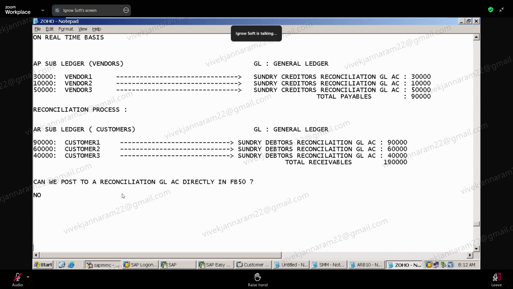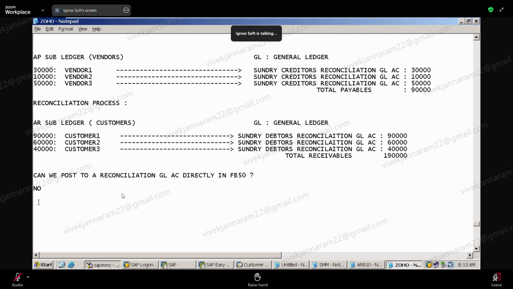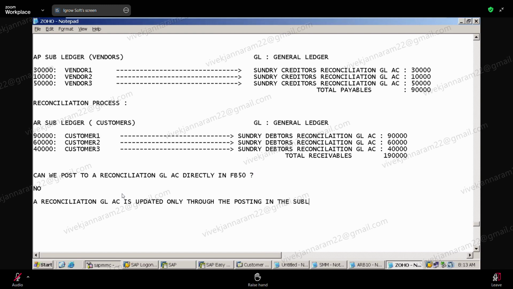So write down here: a reconciliation GL account is updated only through the postings in the subledger to which it is connected. Correct?